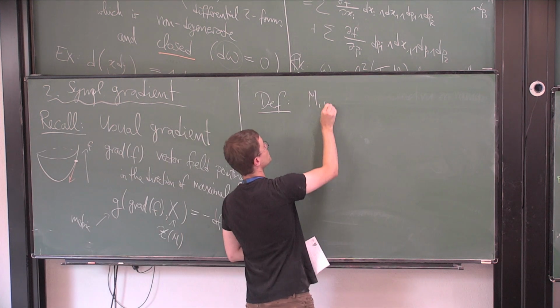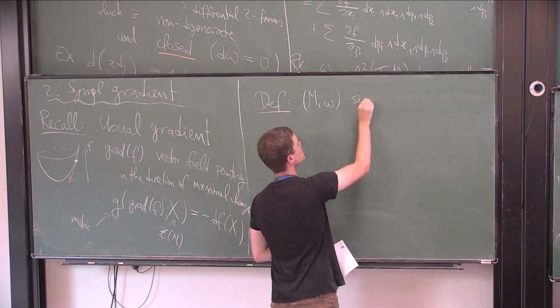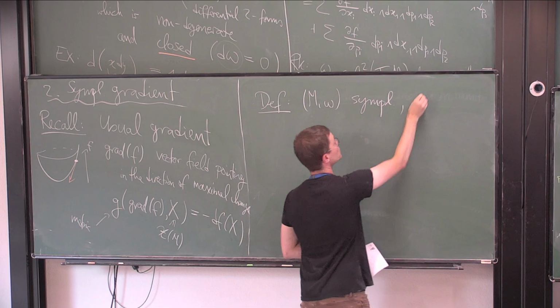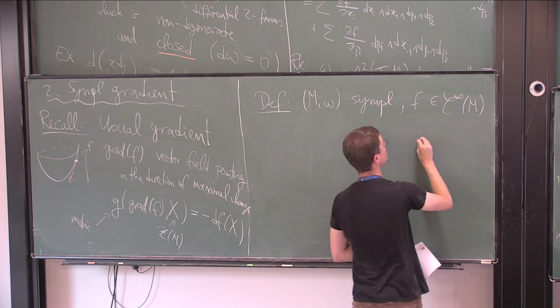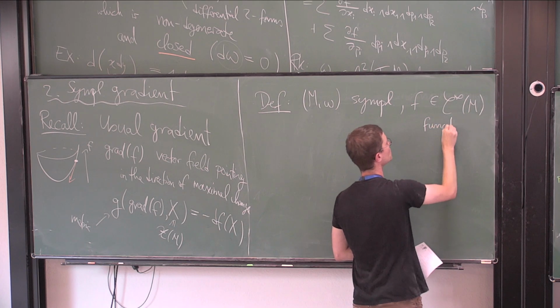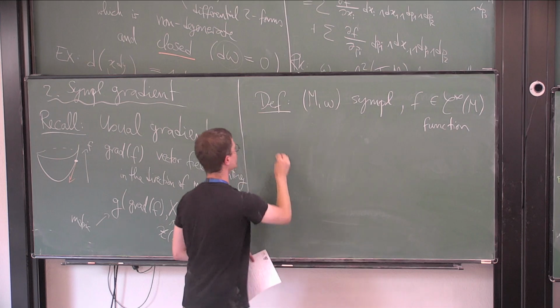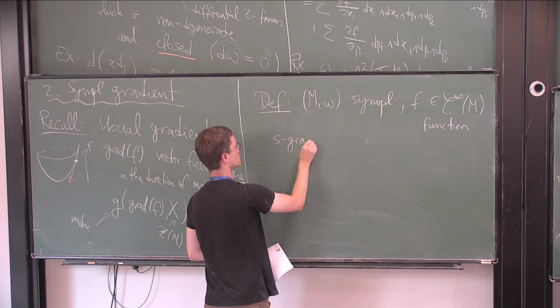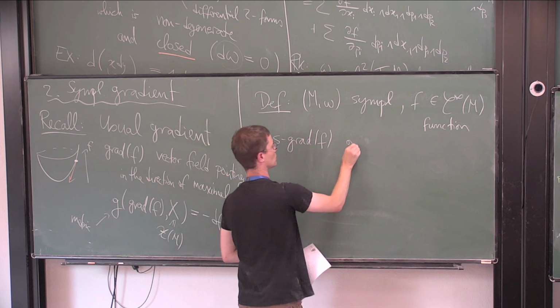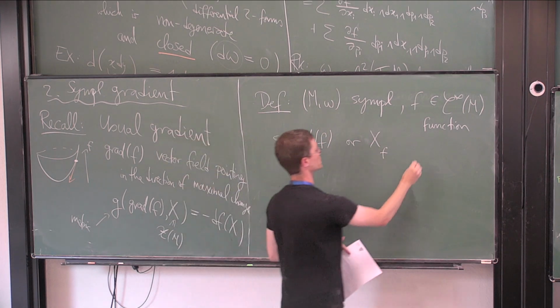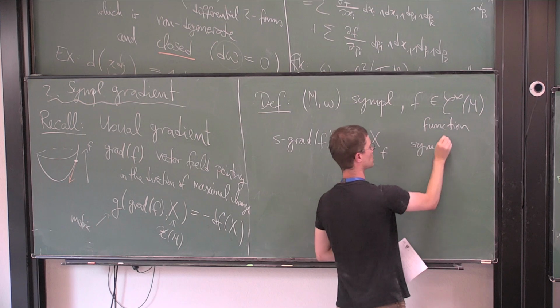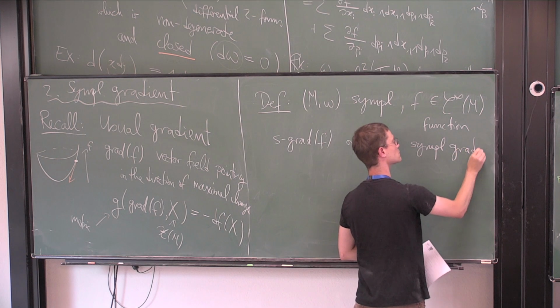Now you have a symplectic manifold, and you have a function. Usually we'll take a smooth function. Then the symplectic gradient, I will typically write either like this, symplectic gradient, or X_f sometimes, which is a little bit shorter. So what is it?